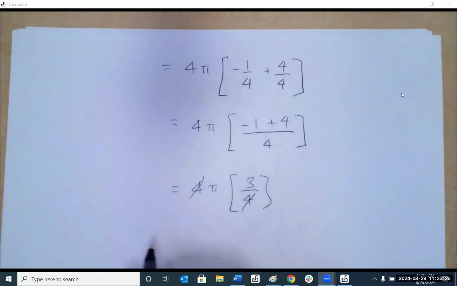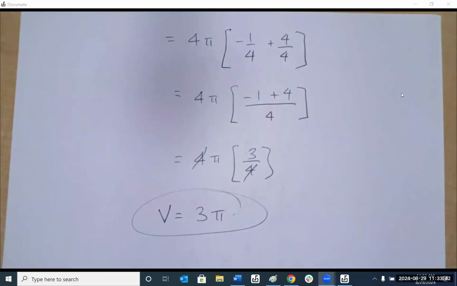The 4's cancel, so the volume is 3 pi. Getting easier. Bringing back some memories from Cal 1.